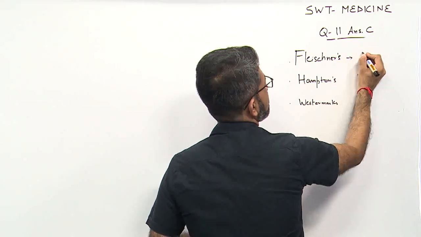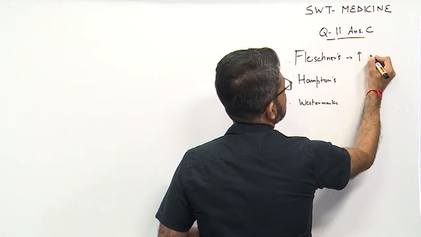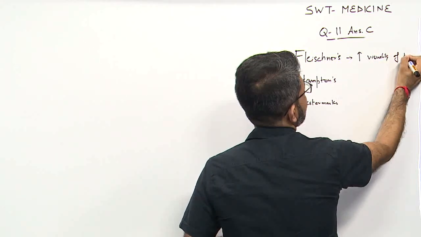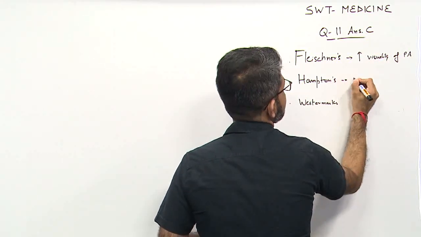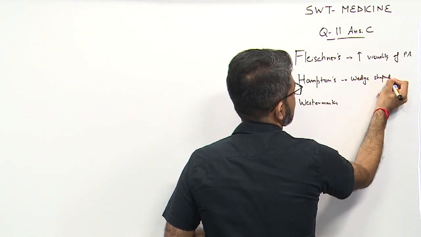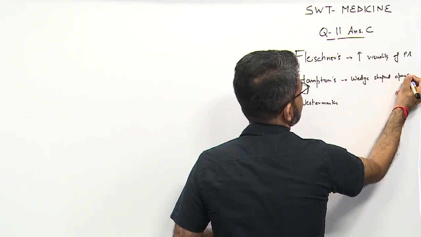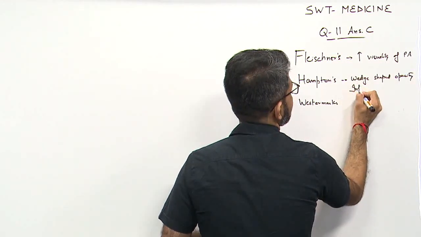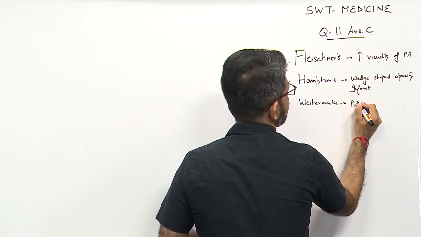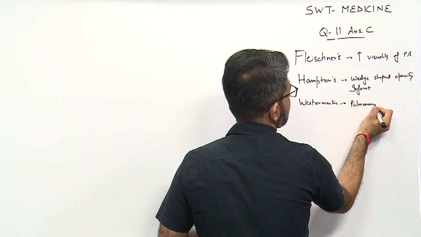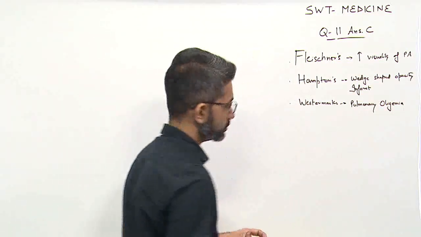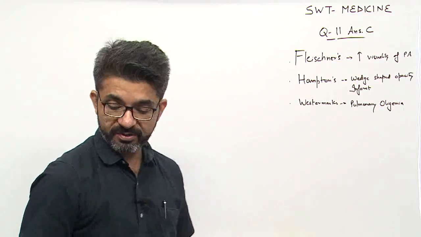Fleischner's is increased visibility of pulmonary artery. Hampton's is wedge shaped opacity, that is infarct, and Westermark is pulmonary oligemia. So, this is Fleischner's, Hampton's, and Westermark.